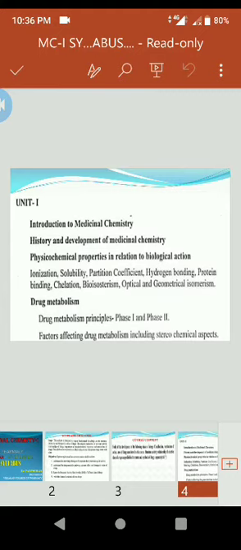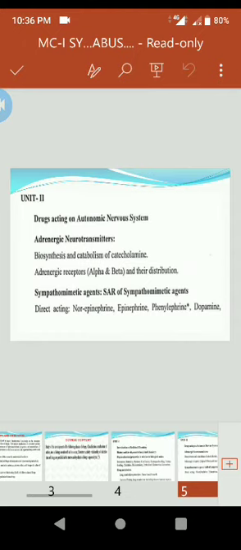Unit 1 contains introduction to medicinal chemistry, history and development of medicinal chemistry, physicochemical properties in relation to biological action, and drug metabolism. Coming to the next unit, drugs acting on the ANS, that means autonomic nervous system.